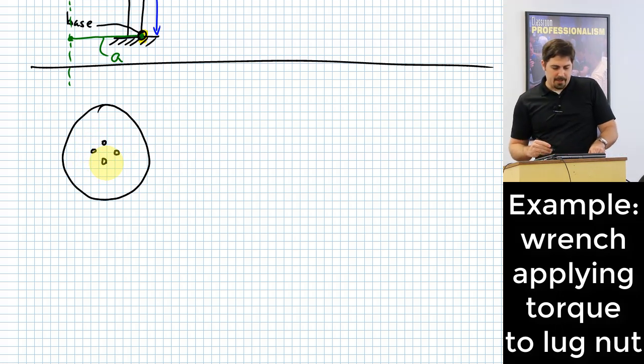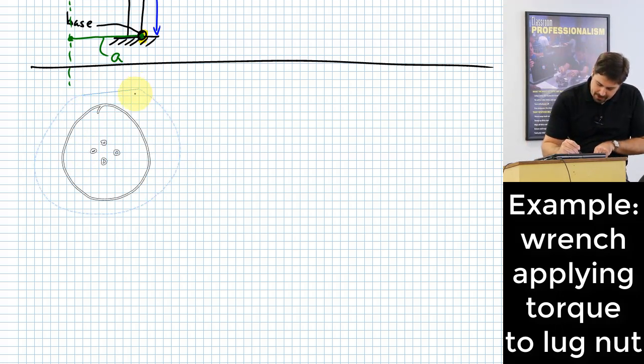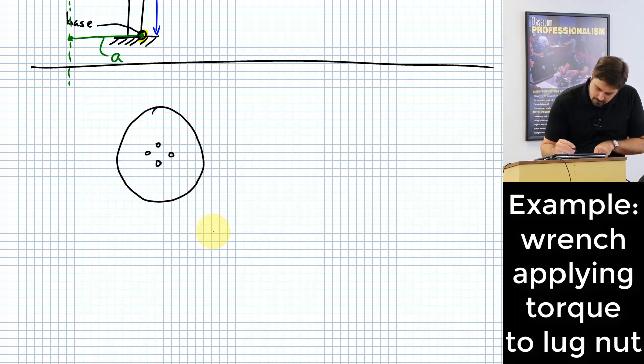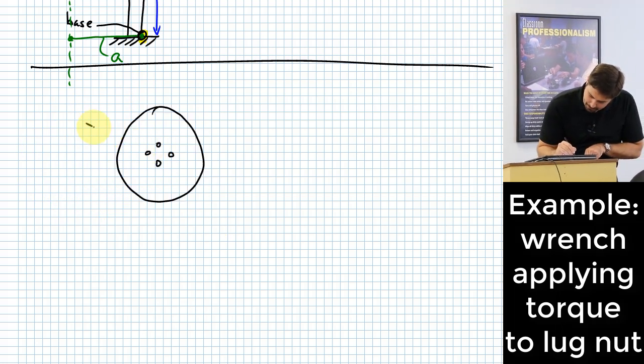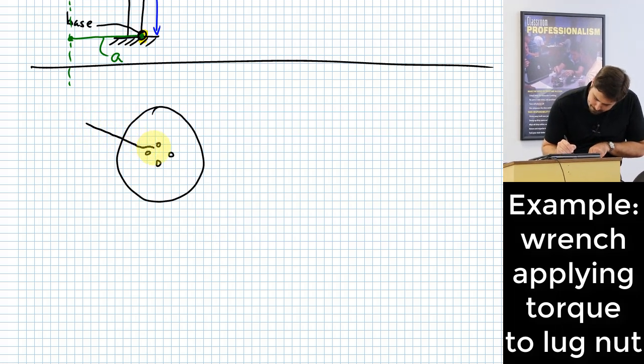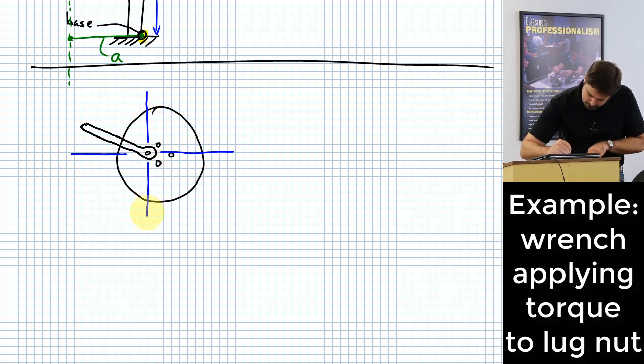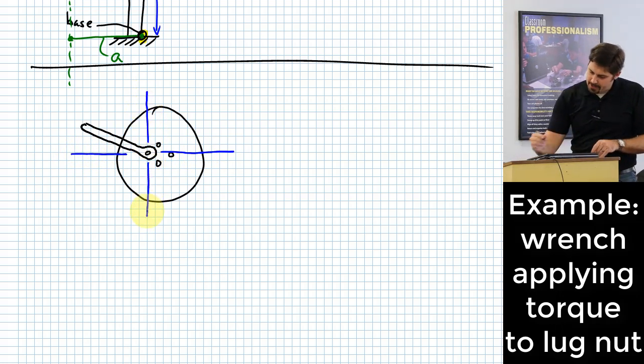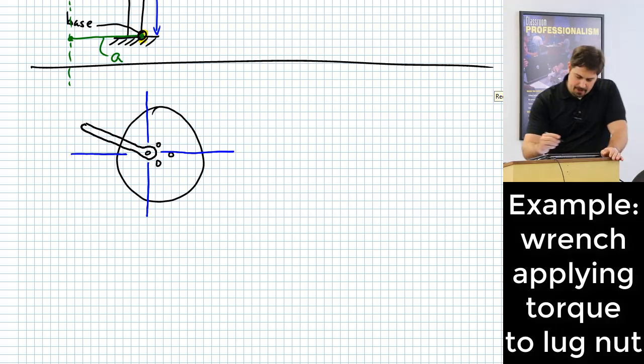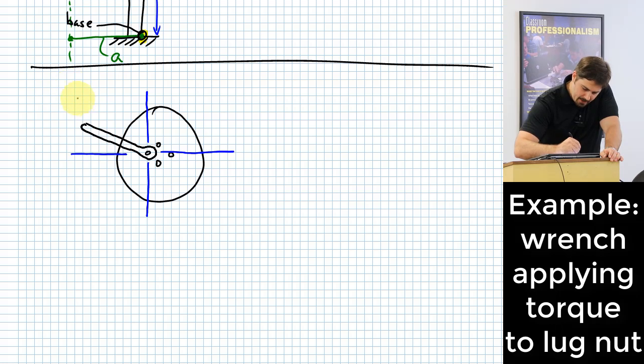Let's say that the wrench that you put on your lug nut sticks up like this, and let's say that you begin to put a force on it, and the force that you apply comes down at an angle something like this.